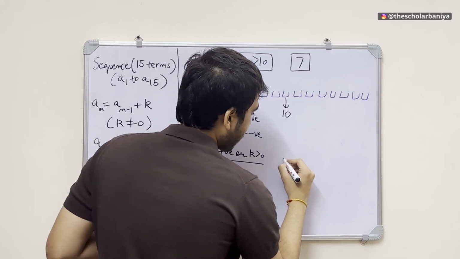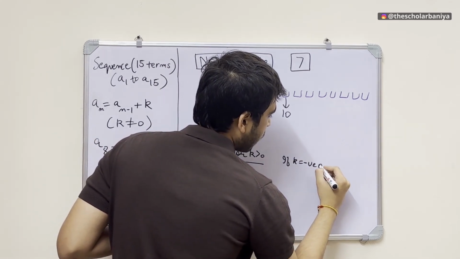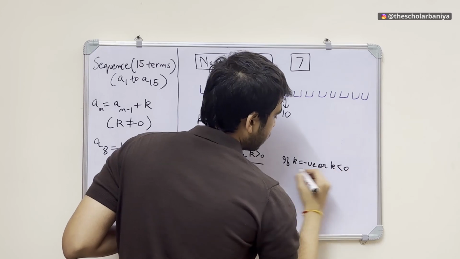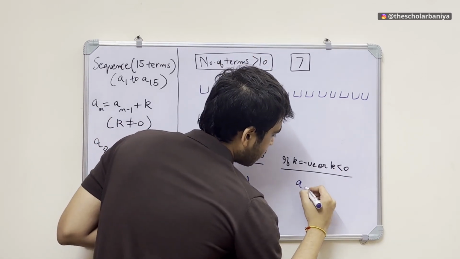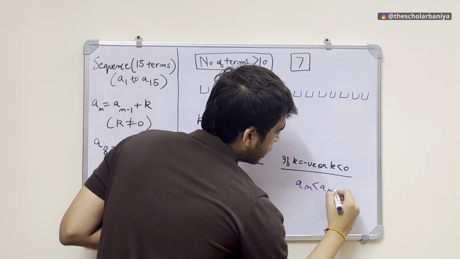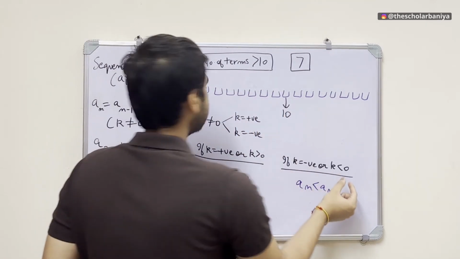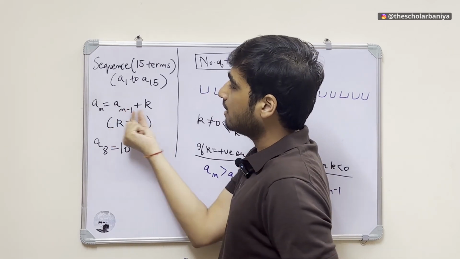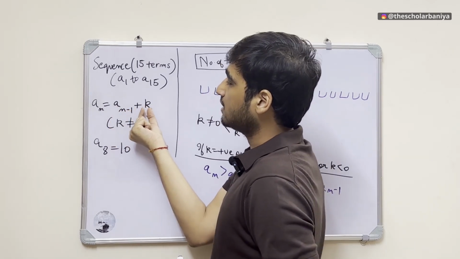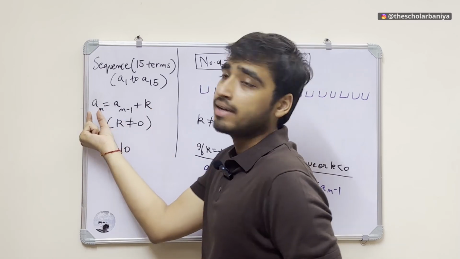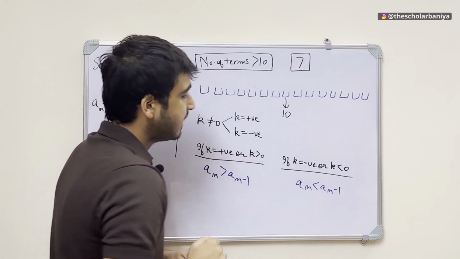And if k is negative, or k is less than 0, that means an will be less than an-1, because if k is negative, then we are subtracting something from the previous term. So an will become smaller if k is negative.